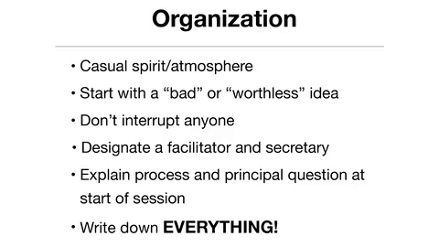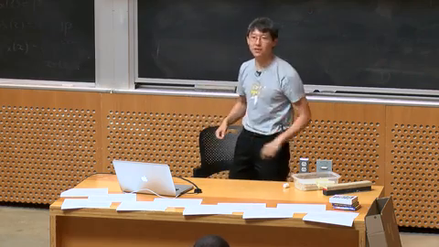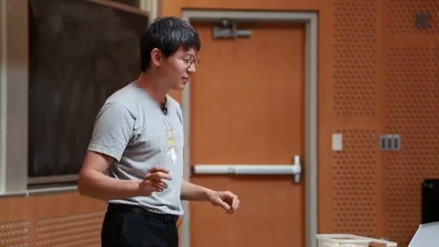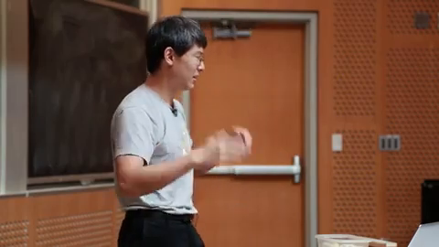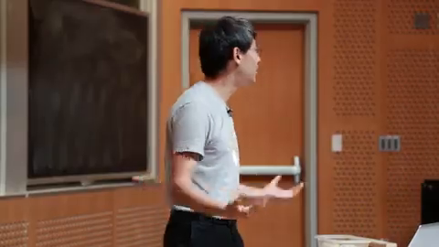So this is how you're going to do it. You're going to start off by trying to create a casual spirit. This is not a really straight-laced, formal affair. Start with giving your worst idea. The worst idea that you can possibly think of. The most useless, terrible, if you have to, offensive, sure, but usually that's just an idea that is dumb. Just tell people that.